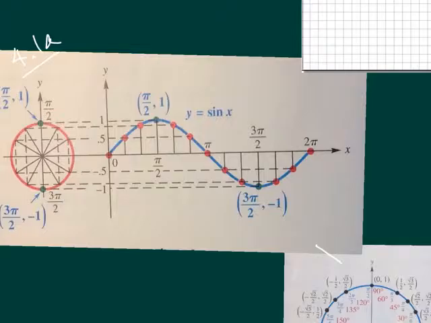And see how long it took it to get through that one period? It took 2 pi. So really, when you're talking the unit circle, it went all the way around 360 degrees, or 2 pi if you're talking radians, to get back to its starting point. So that's what a period is. It's where it goes until it starts repeating itself again.